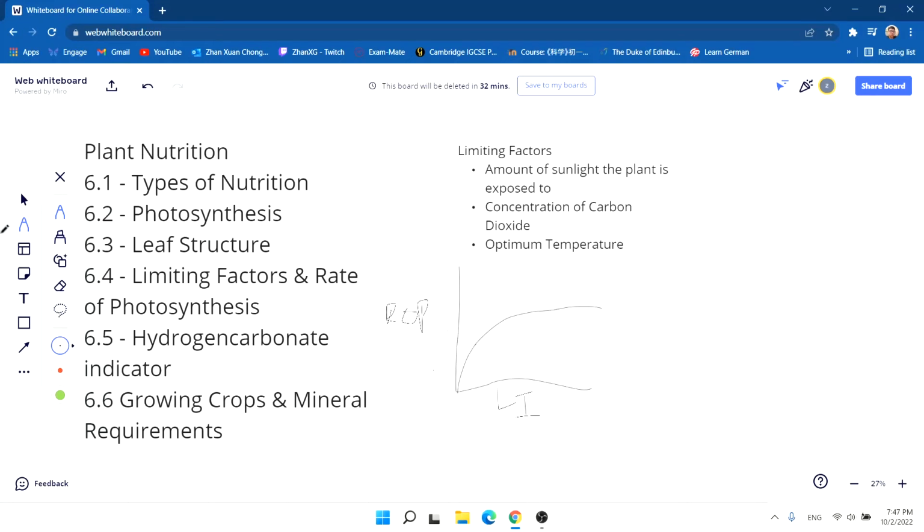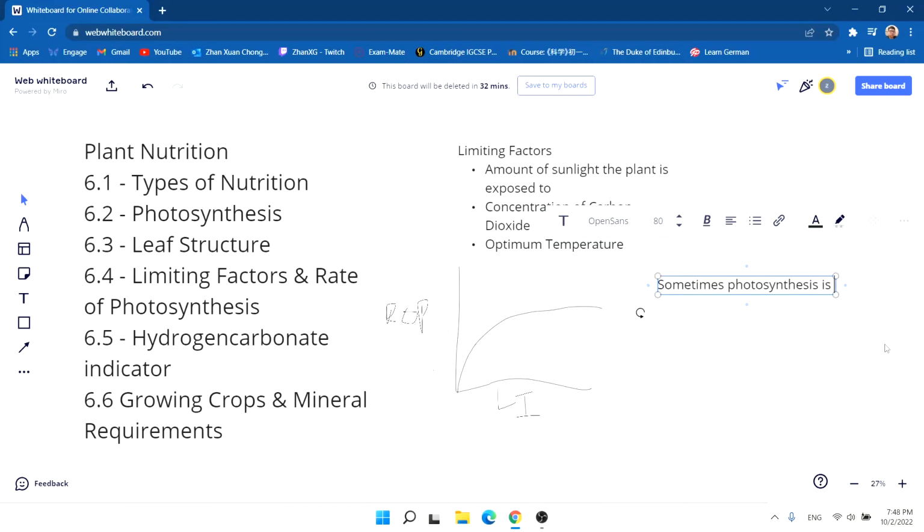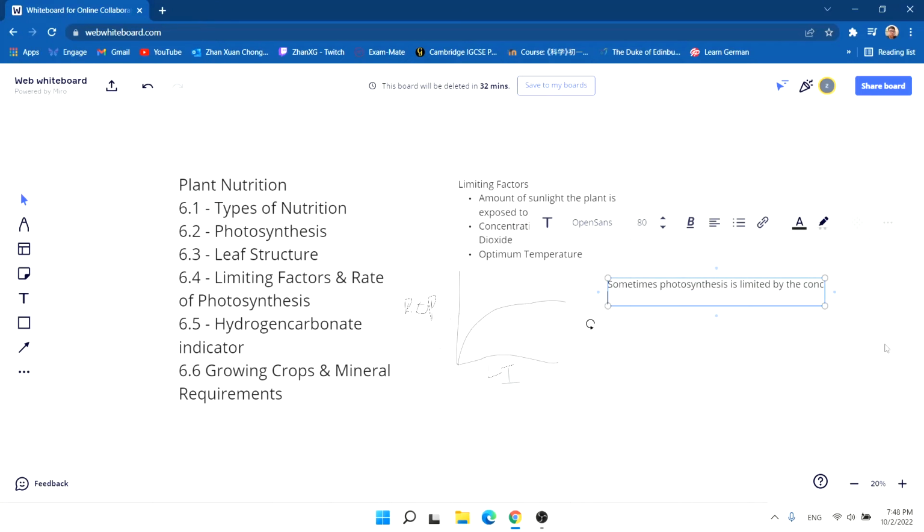For this case, sometimes photosynthesis is limited by the concentration of carbon dioxide.